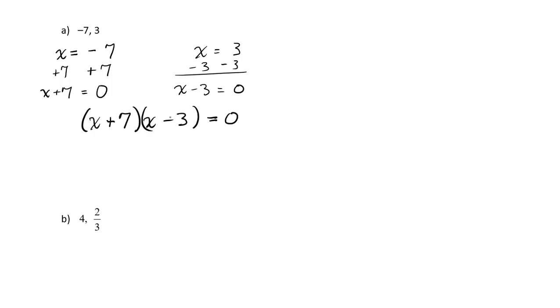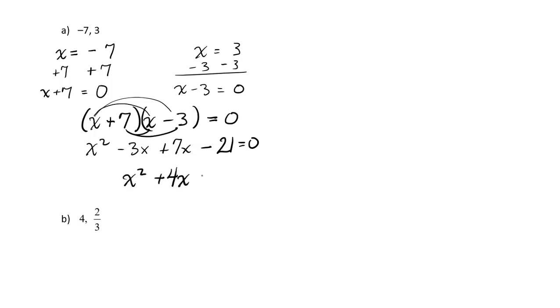And from here, I FOIL. x squared minus 3x plus 7x minus 21 equals 0. So my quadratic is x squared plus 4x minus 21 equals 0.